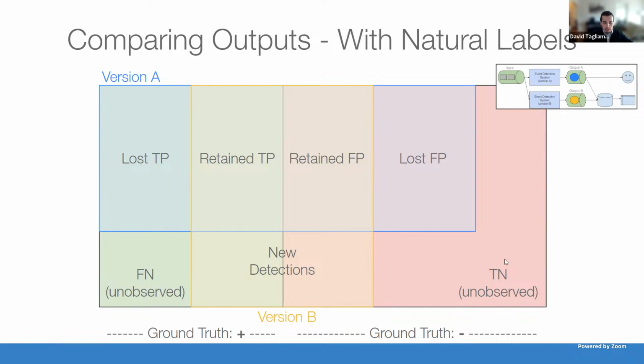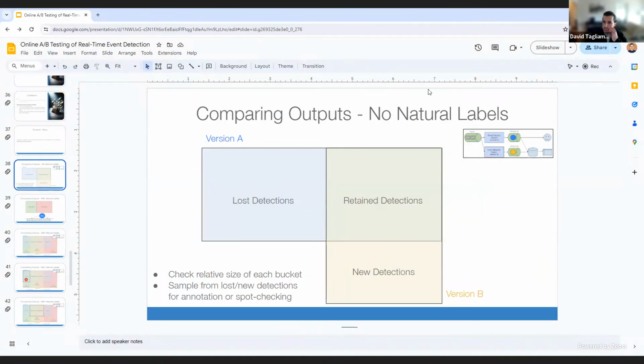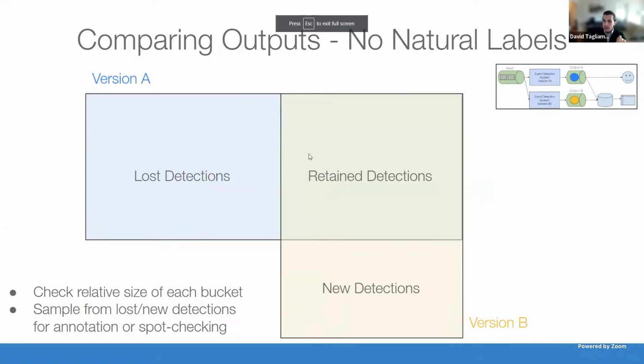Even if you don't have natural labels, having a system that can very quickly build this kind of Venn diagram for you, that says your systems have generated 100,000 examples and events in the last day and here's where they fall, and then sampling 15 or 20 in each of these buckets and manually reviewing them as an ML engineer, usually gives you very high signal as to what's going wrong or what's going right. If you have a lot of lost detections, like my model's no longer detecting these kinds of doors, it becomes very obvious without any super sophisticated system.